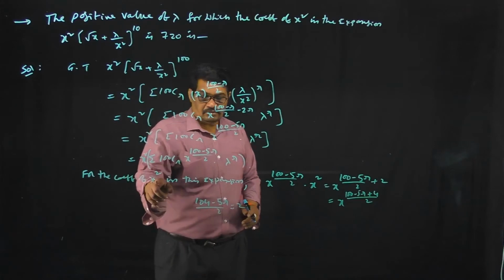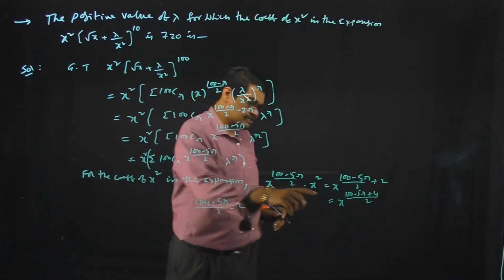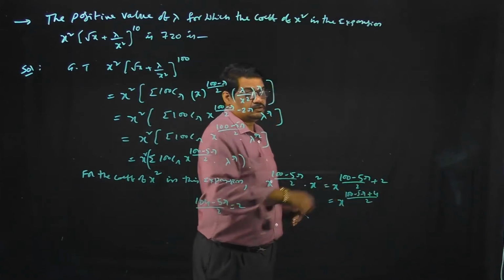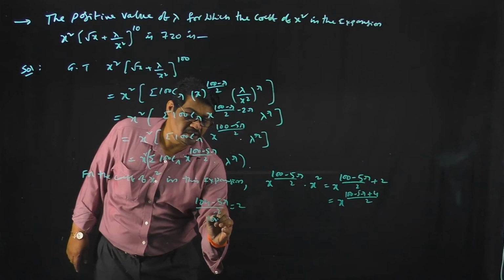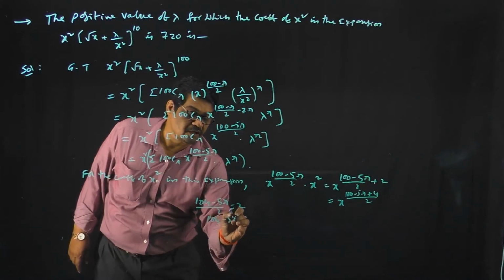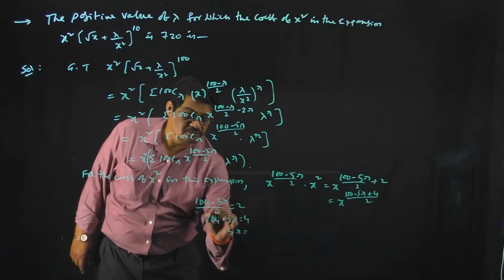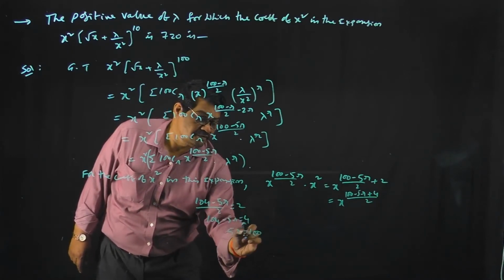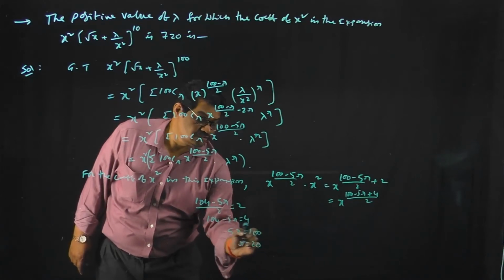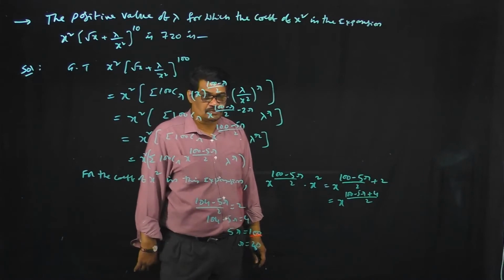Here x power 2, here x power 104 minus 5r by 2. From that, 104 minus 5r is equal to 4. So 5r is equal to 104 minus 4, that is 100. That is r is equal to 20. Okay, we are getting r value is 20.